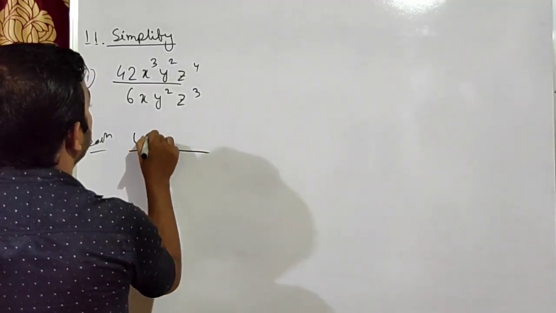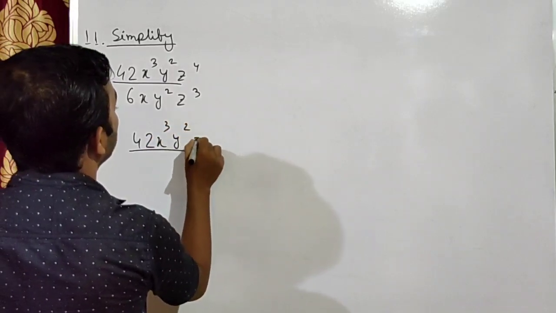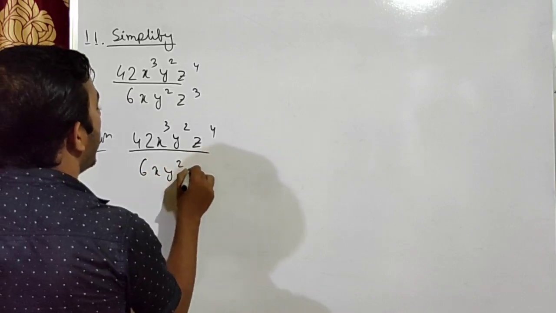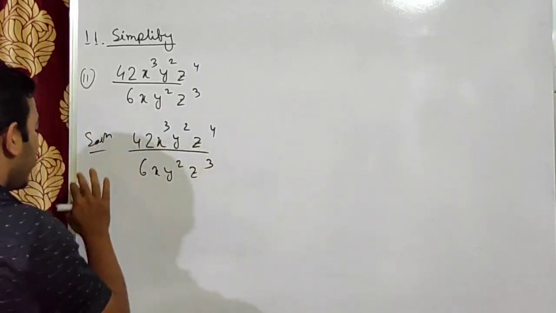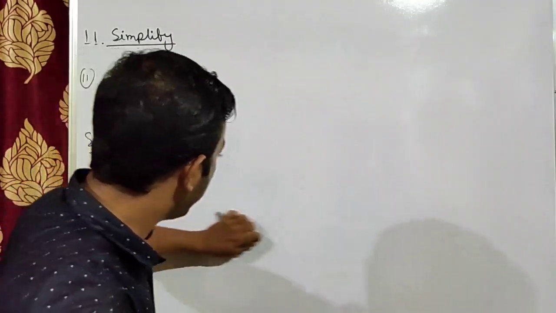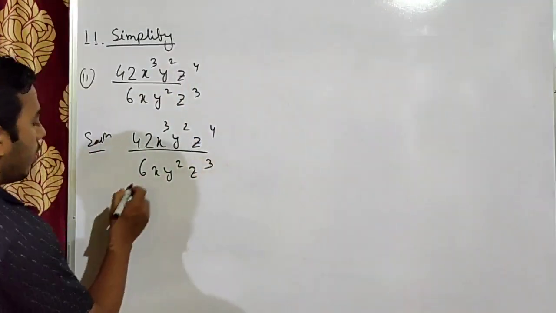So let's write the equation. 42 x to the power 3, y to the power 2, z to the power 4, divided by x y square z to the power 3. So first thing, for those who don't understand, we have to distribute it. How to distribute?